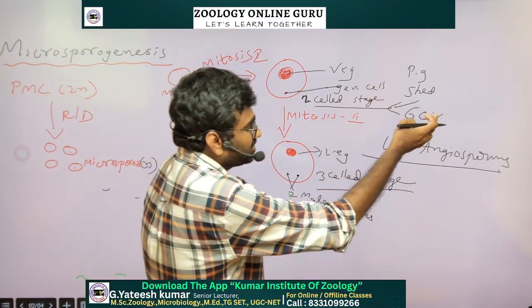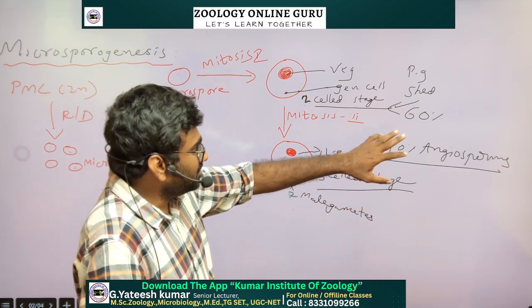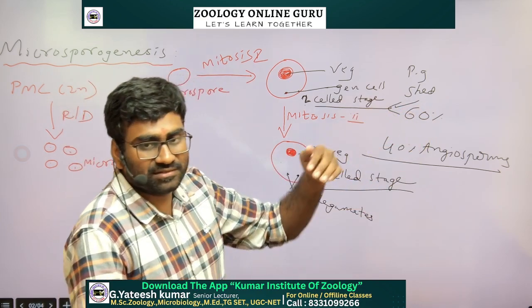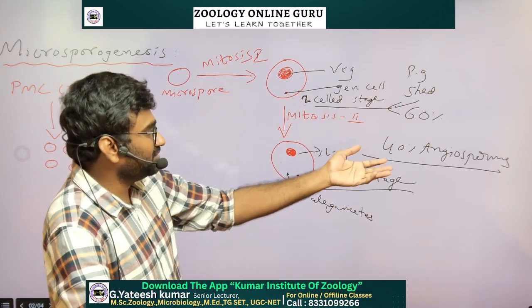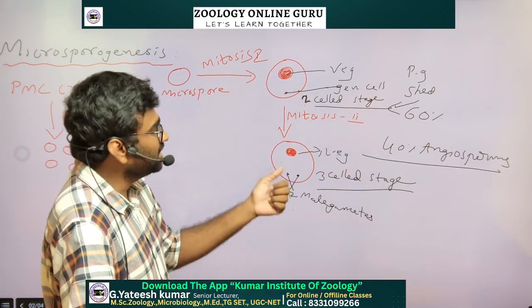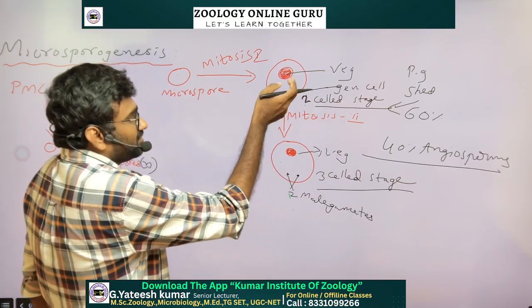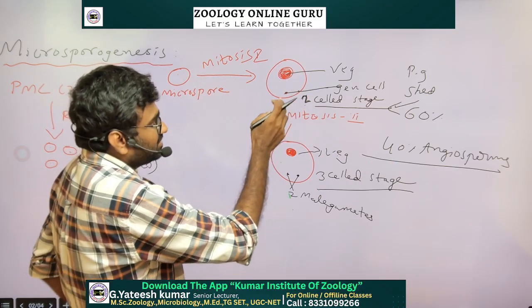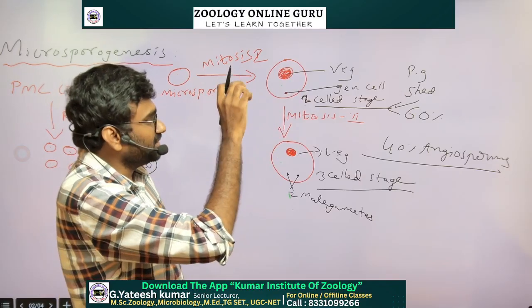This question was asked previously in the NEET examination: in 60% of flowering plants, pollen grains are shed at which stage? That is the two-celled stage. In the remaining 40%, shed at the three-celled stage. Here also the generative cell undergoes mitosis, but it occurs when the pollen grain lands on the stigma, during germination of the pollen tube.